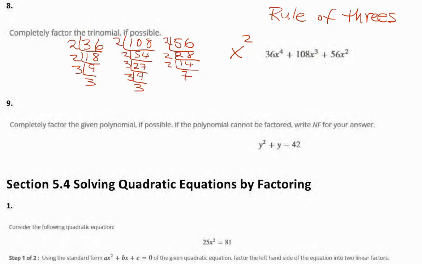So as we study now, there are no common threes. There is a 2, a 2, and a 2. Another 2, a 2, and a 2. So actually, all we can take out of this is 4x squared.